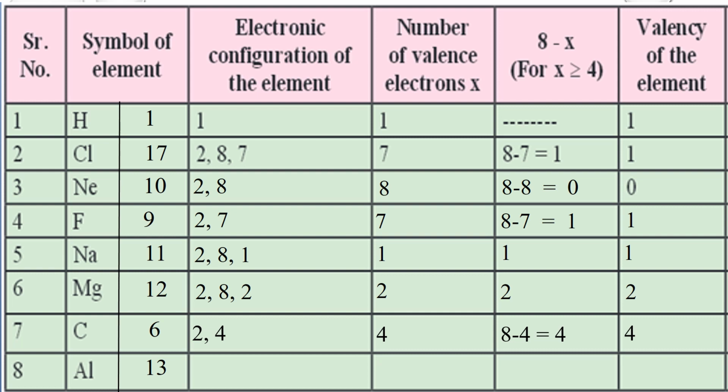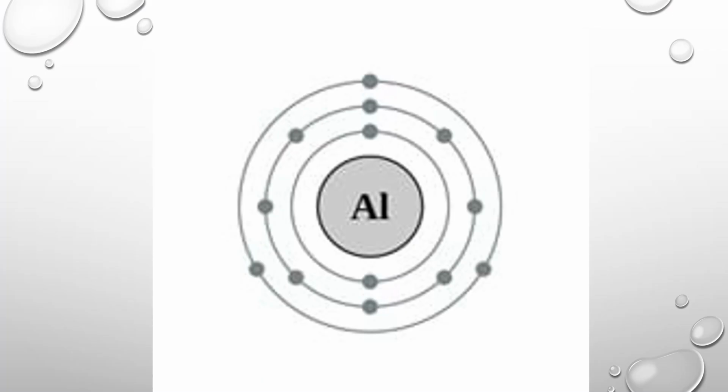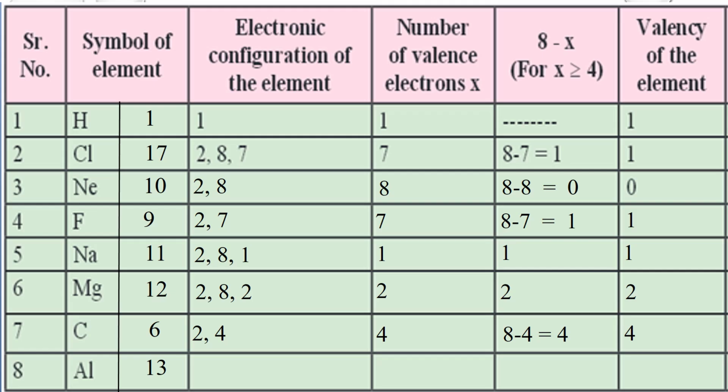And the last one is aluminium, which has the atomic number of 13. So I'm going to put 2 electrons in the first shell, 8 electrons in the second shell, and 3 electrons in the third shell. So the electronic configuration will be 2, 8, 3.